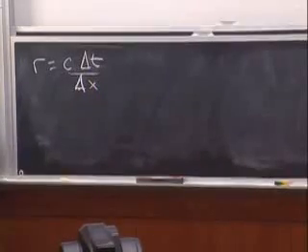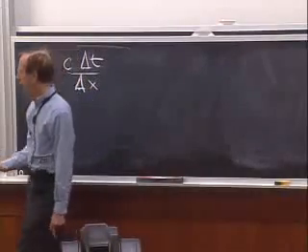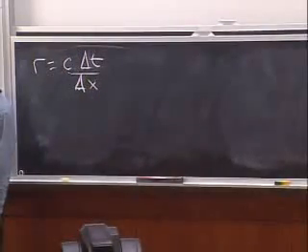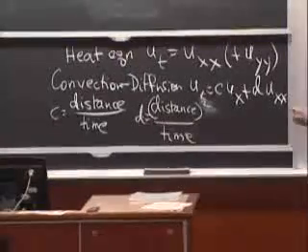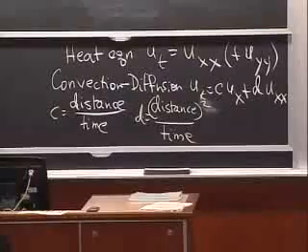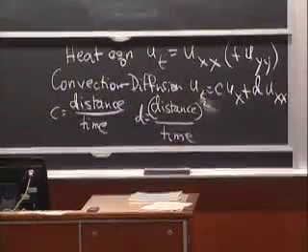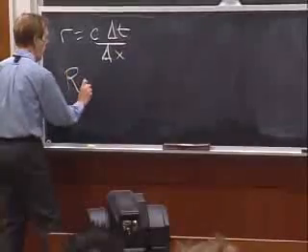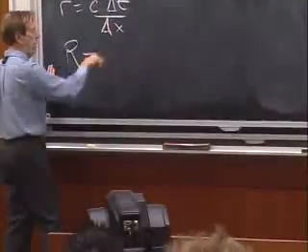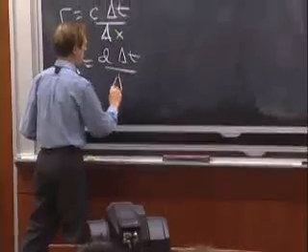Now for the diffusion term, d, what are the units of d? Well, here now I have distance squared in the denominator, so d needs to be a distance squared over a time. So it has different dimensions, and the quantity capital R that will be parallel to this will be d delta t over delta x squared.